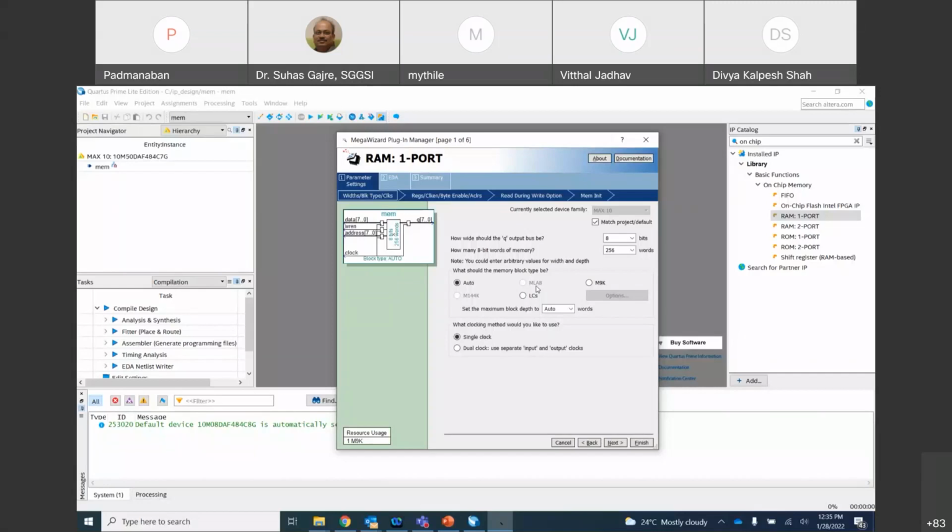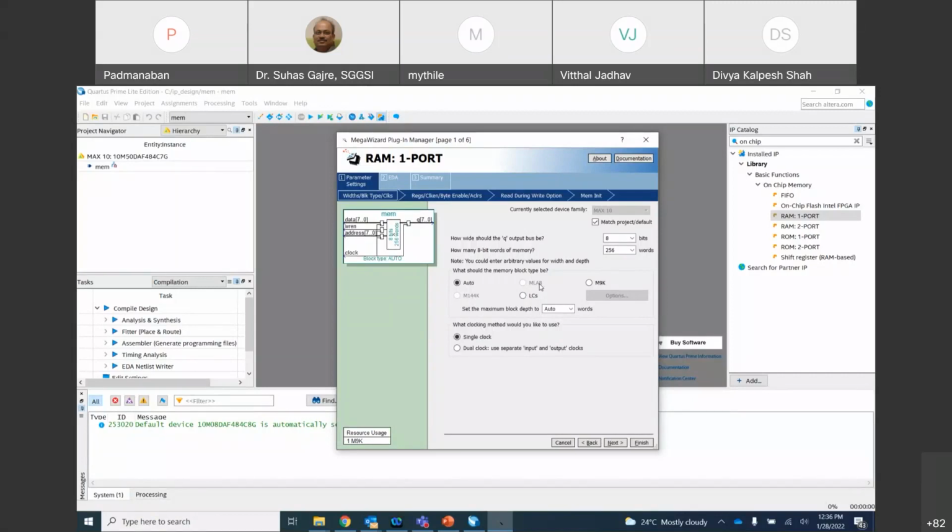Using those logic array blocks, if you are building a memory, that is called MLab. So MLab means a memory logic array block. A memory logic array block is one which is built using the logic array block. It is like a distributed memory.